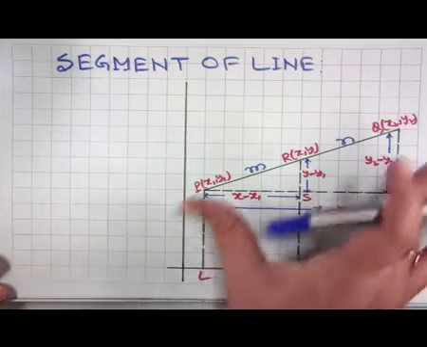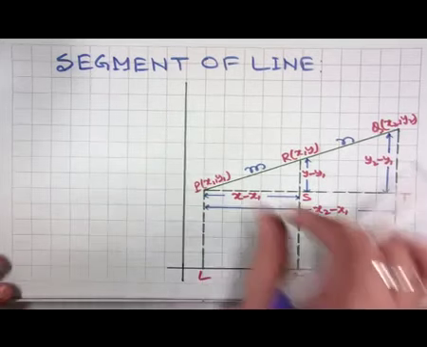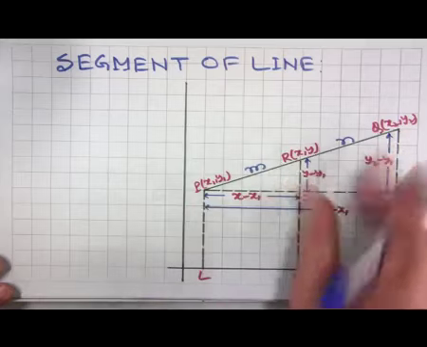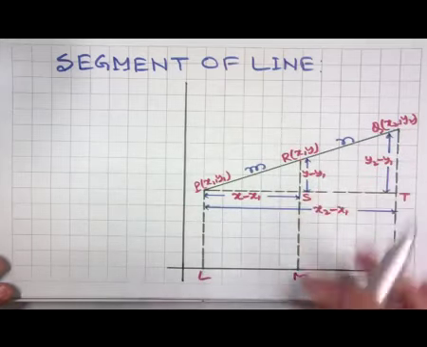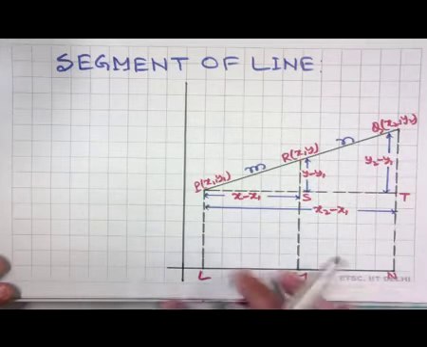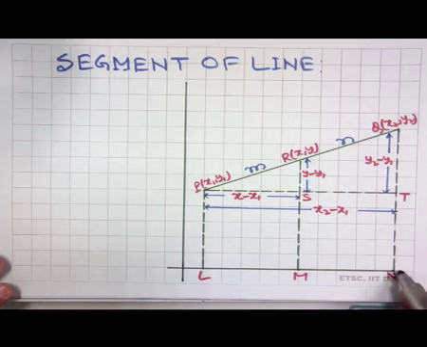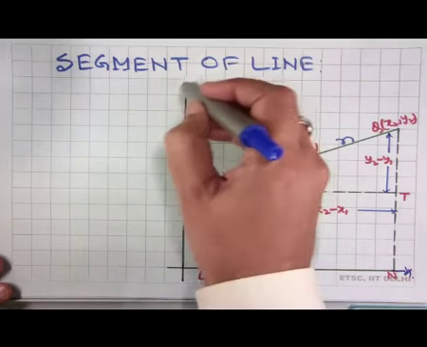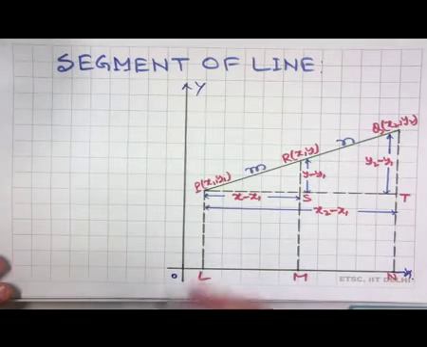So we complete this diagram by drawing perpendiculars from P, Q, R, that is PL, RM and QN, all these perpendicular on the x-axis. This is the y-axis and this is the origin.